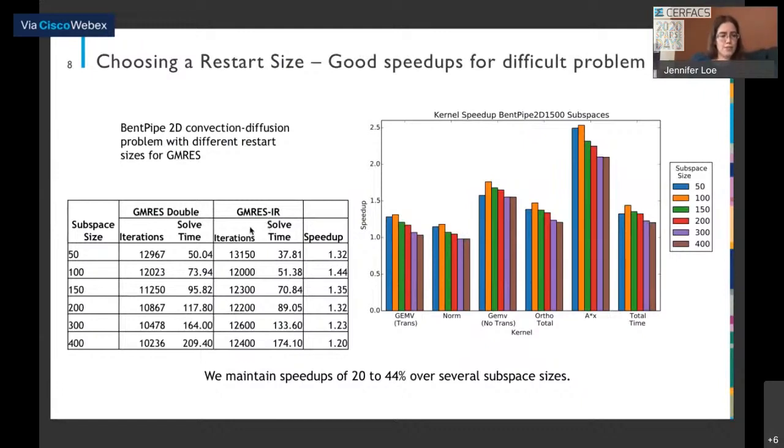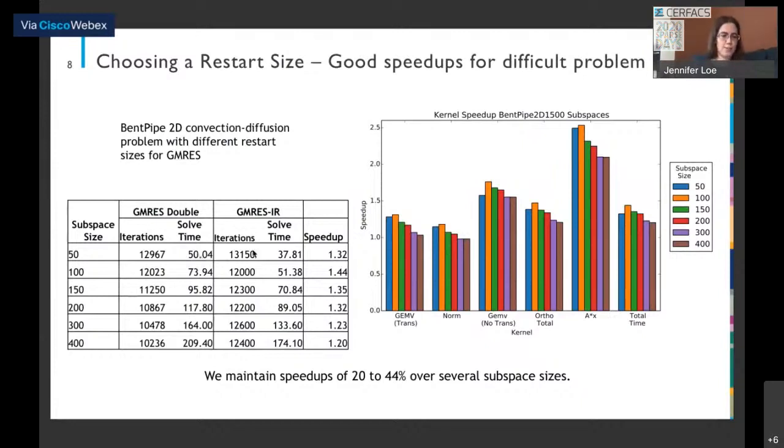And for this problem, it's interesting that even though in double precision the larger subspace size gives you fewer iterations, this problem is so dominated by the dense matrix operations that are required for the orthogonalization that as you build out a larger subspace, these orthogonalization operations dominate the solve time. And actually, the smaller subspace size of 50 gives you the cheapest solve time here.